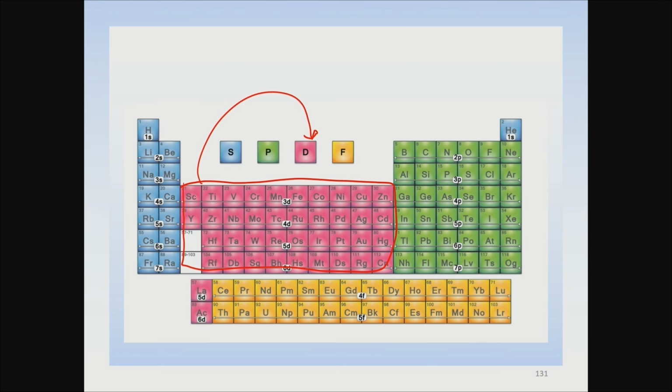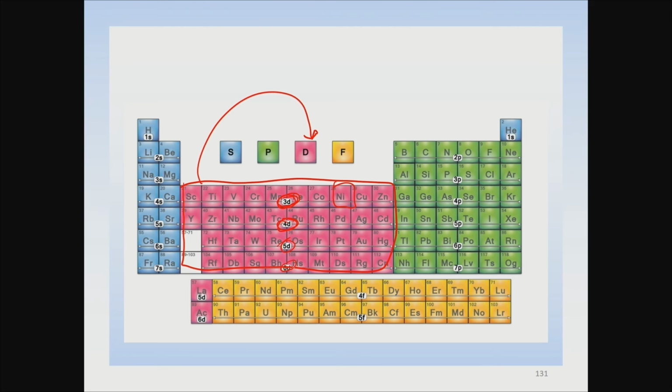Now, if the element happens to be in the 1st row of the d sublevel block, something like iron or nickel, you need to know what energy level that electron is going into. It turns out that this 1st row of the d sublevel block is in the 3rd energy level. Now, if you have an element in the 2nd row of the d sublevel, then the electron in the d sublevel will be in the 4th energy level, and so on.